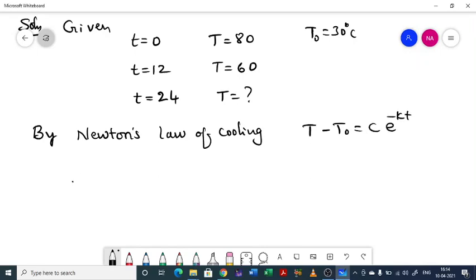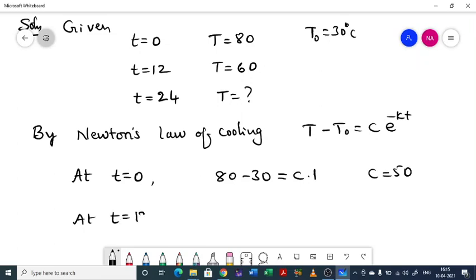At small t equal to 0, capital T is 80, capital T naught 30, so 50 equal to C into e power 0, which is 1, so C is 50. At small t equal to 12, we have 60, temperature of the body, minus 30, temperature of the medium, equal to 50, the value of C, into e power minus 12k.